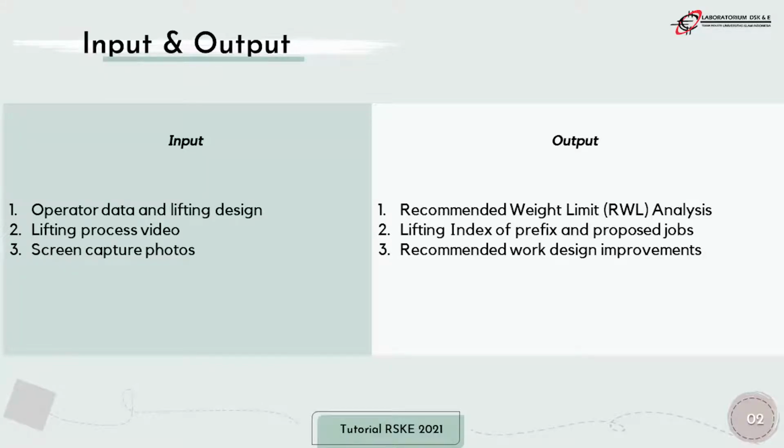The second is a video of the lifting process. The third is screen captures of photos from the lifting process. For the output, the first is the recommended weight limit analysis, the second is the lifting index of the work, and the third is the recommendation for improvement. For the recommendations, you will provide an analysis regarding the proposed layout.